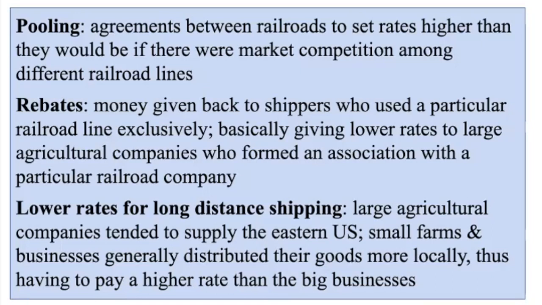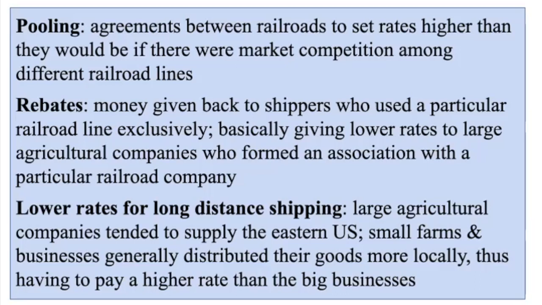Pooling was a system of agreements between different railroads to set rates higher than they would be if there were market competition among different railroad lines. Rebates were money given back to shippers who used a particular railroad line exclusively, basically giving lower rates to large agricultural companies who formed an association with a particular railroad company.